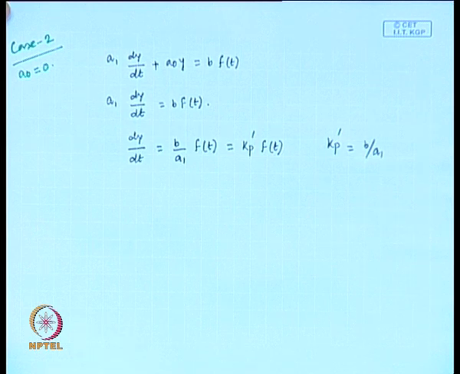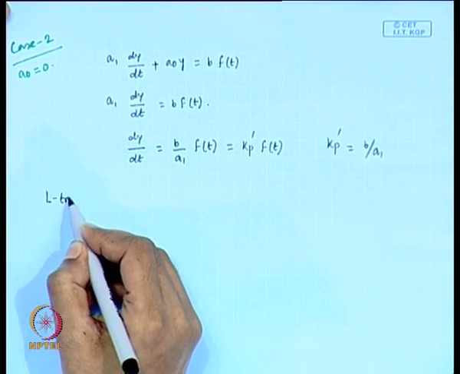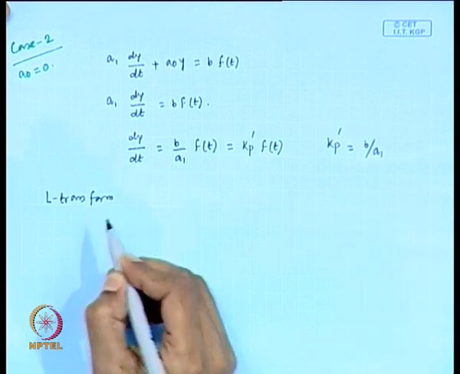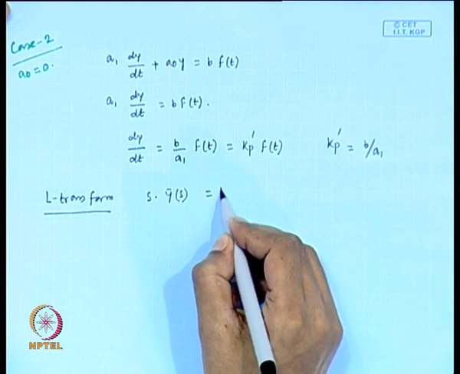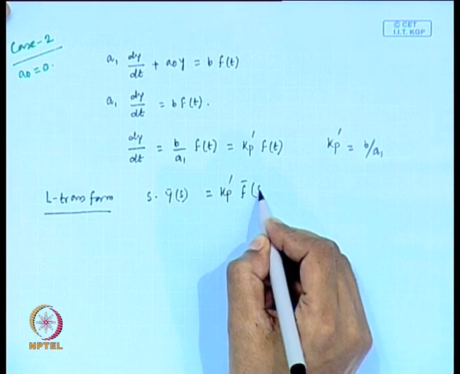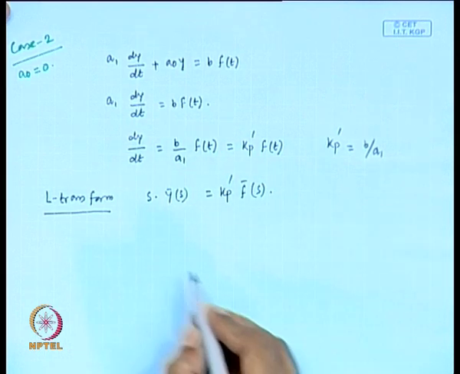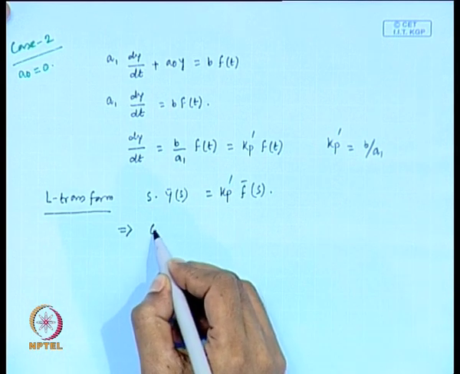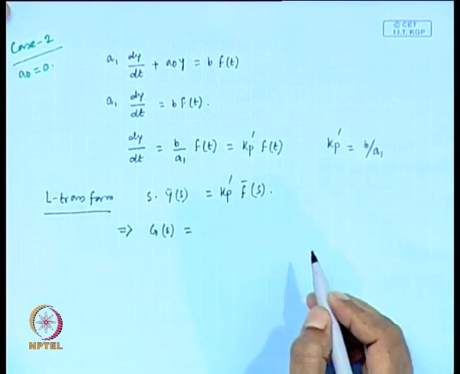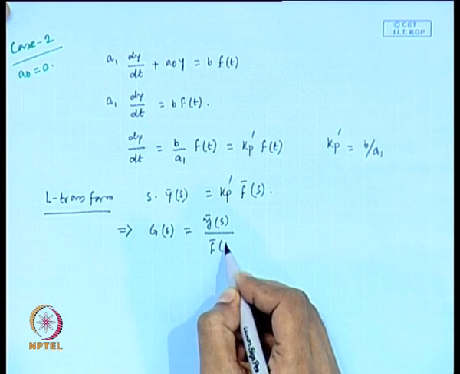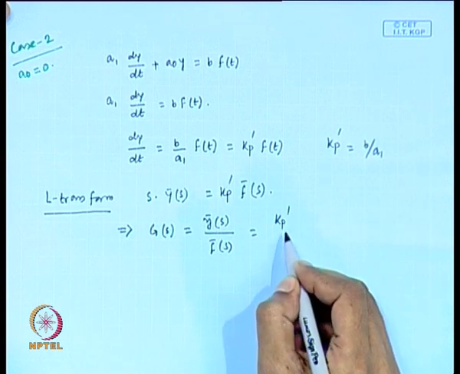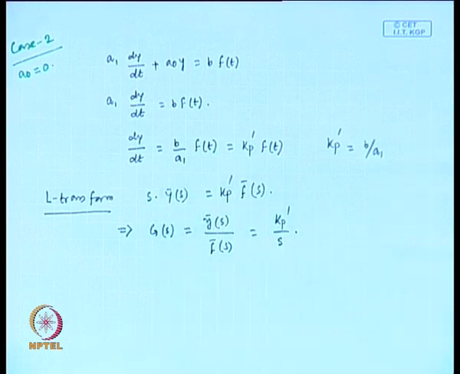Kp prime is here b by A 1. Now, if we take Laplace transform again, then S y bar S equal to Kp prime f bar S. Rearranging this form, we get the transfer function G s equal to y bar S divided by f bar S equal to Kp prime divided by S. Fine.